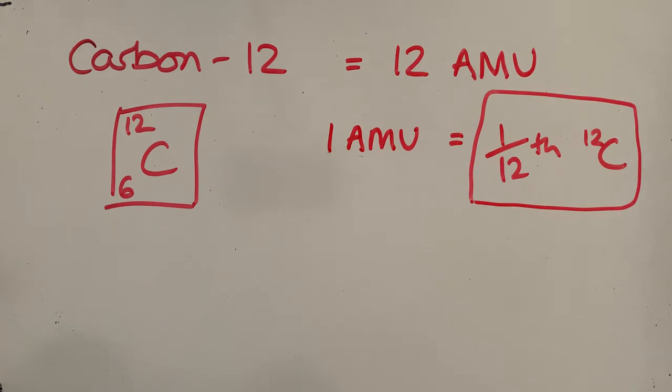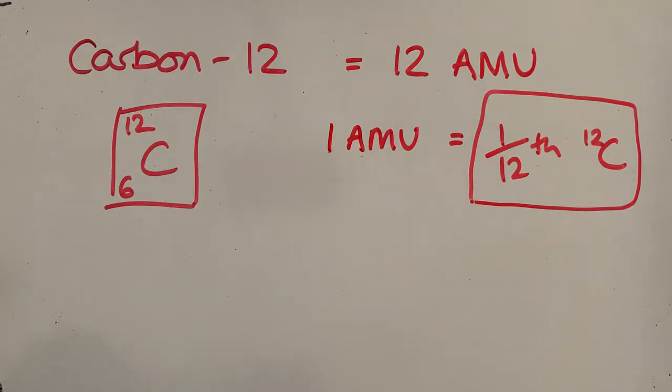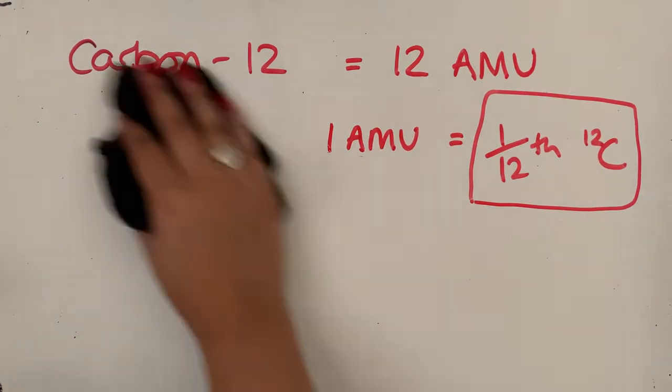It's always relative to 1/12 of an atom of carbon-12. So both those definitions are relative to 1/12 of an atom of carbon-12. Relative isotopic mass just means the mass of an isotope relative to 1/12 of an atom of carbon-12.